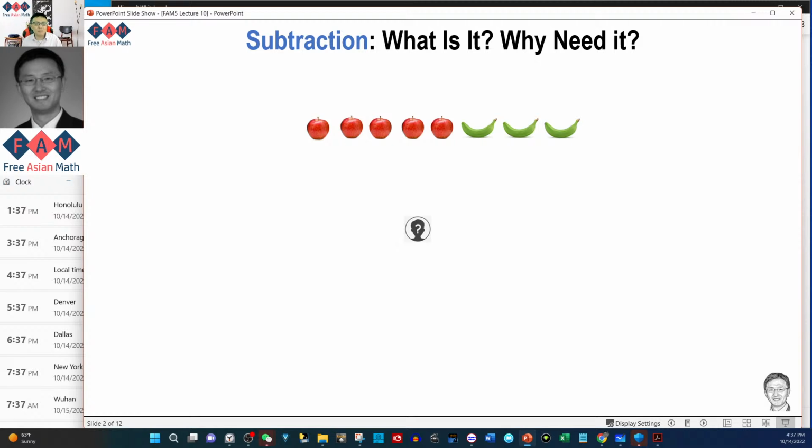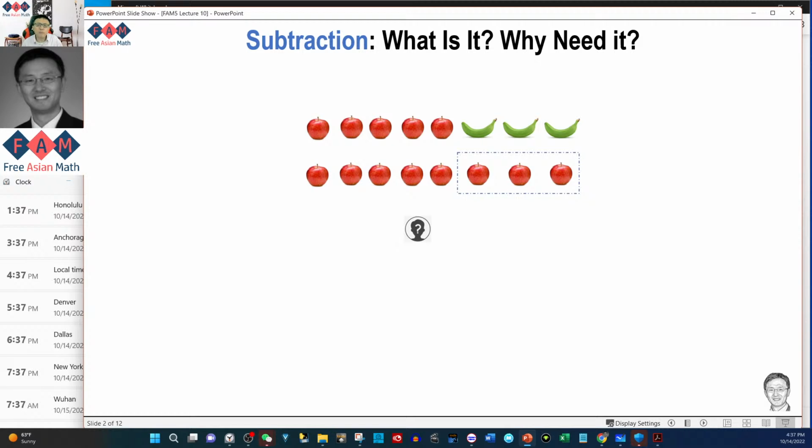Okay, now with this problem, we can consider a similar one. We just replace the 3 bananas with 3 apples and see how that works. It doesn't matter whether the last 3 fruits are bananas or apples. Let's just assume that we only have apples. Of course, 5 apples plus 3 apples gives us 8 apples, because we count from 5 three times and get 8.